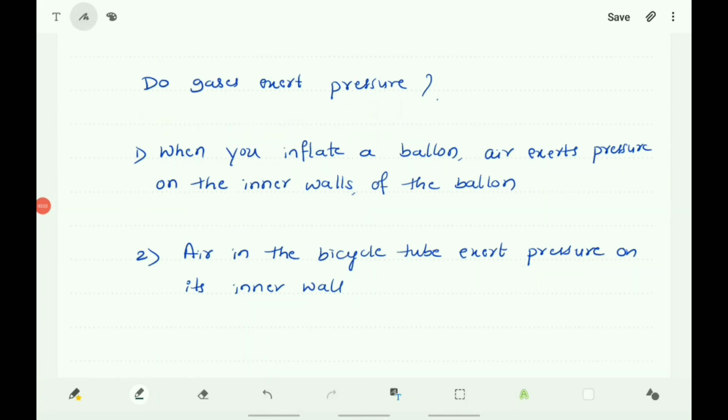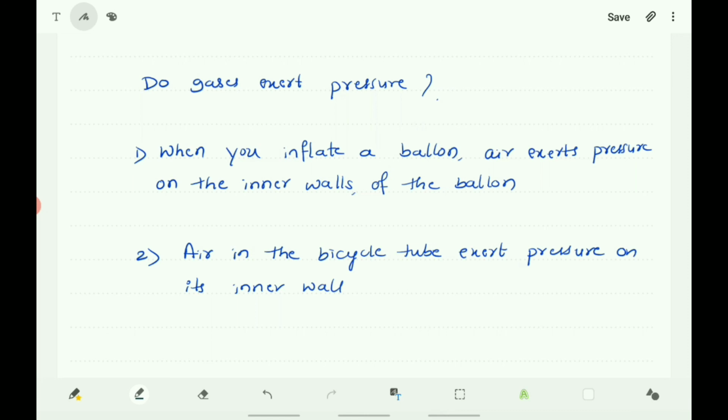What happens to the air in the bicycle tube when it has a puncture? You know that air in the bicycle tube exerts pressure on its inner wall. If it is punctured, you can't use the tube for the movement of the cycle.